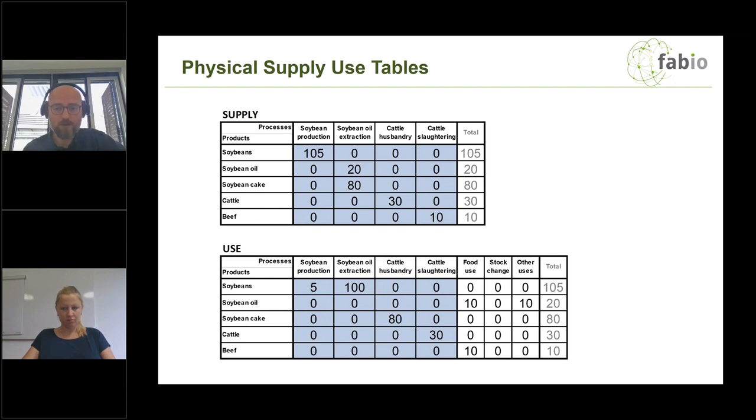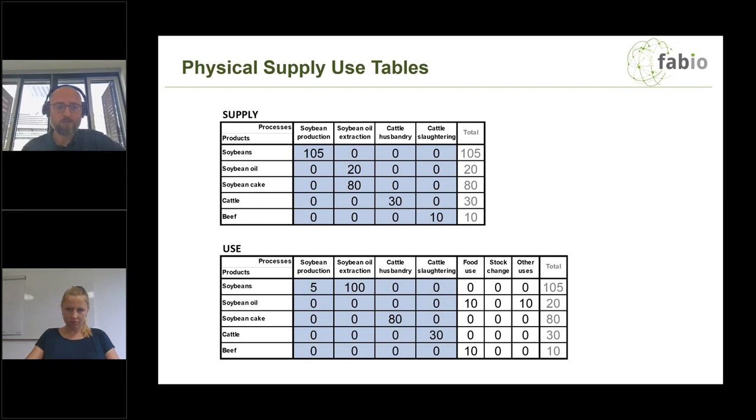So 20 tons of soybean oil are used in this example for food and for other uses, which is, for example, in the chemical industry or as a feedstock for biofuel production. Then soybean cake is going into cattle husbandry, cattle is going into slaughtering, and beef is used by final demand for food.